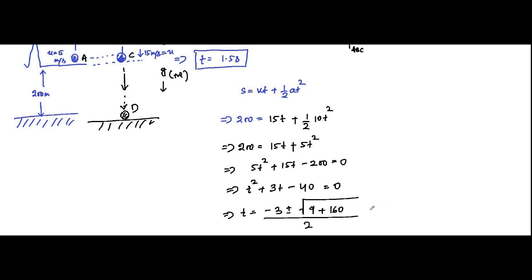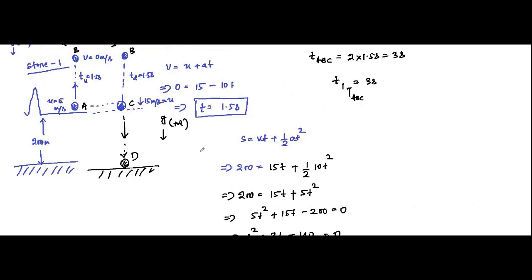So that is equal to (−3 ± √169)/2, and root of 169 is 13. So it is either (13 − 3)/2 or (−3 − 13)/2. Negative is not possible. So it is 13 − 3, that is 10, by 2, that is equal to 5 seconds.